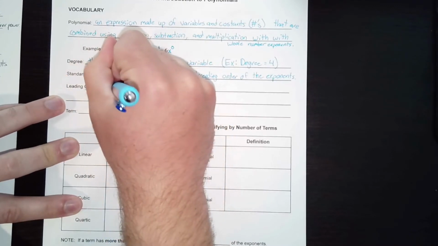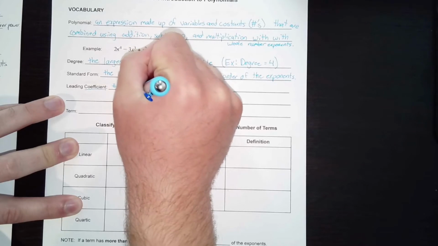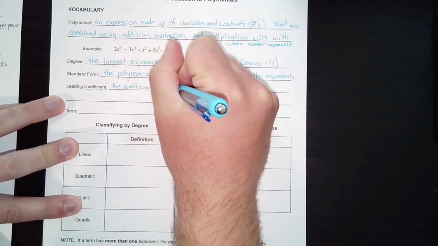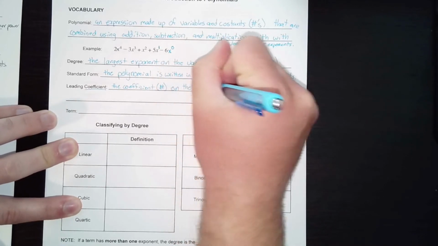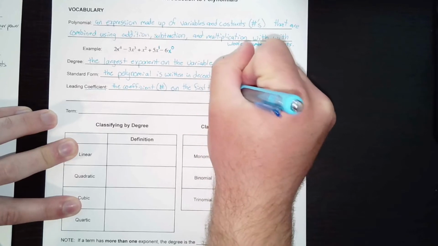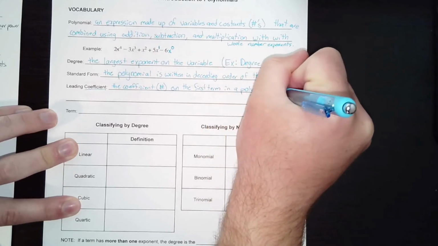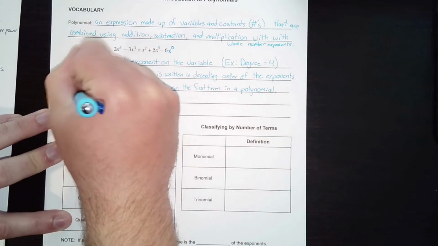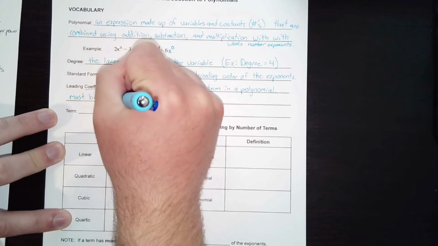So this is the coefficient, or if you want to put that, it is just the number on the first term in a polynomial. Okay, quick note here though, this must be in standard form in order to talk about the leading coefficient.